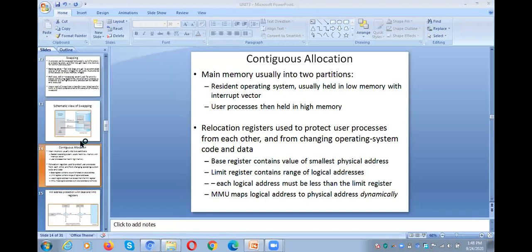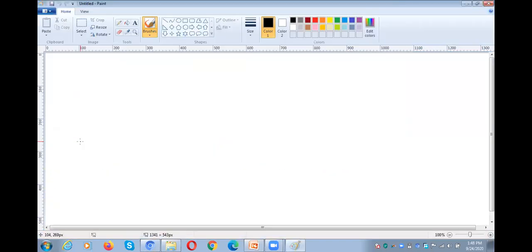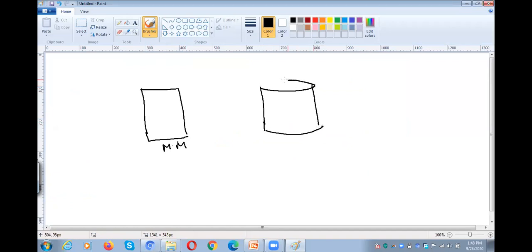Okay, let me use Paint so that you have a better idea. So what are swap out and swap in? For example, this is the main memory and this is the backing store, the disk secondary memory.